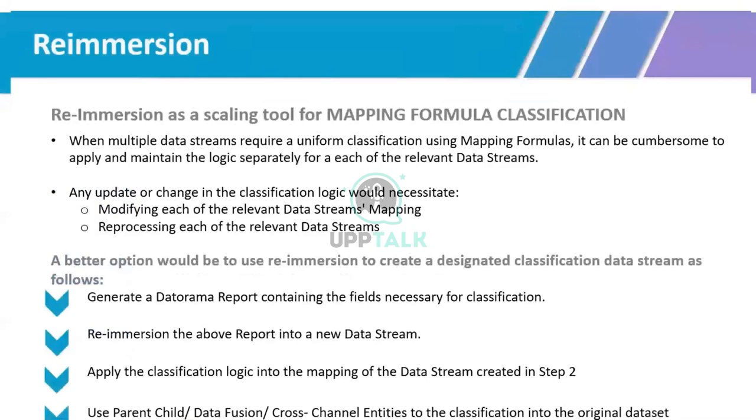Re-immersion as a scaling tool for mapping formula classifications. When multiple data streams require a uniform classification using mapping formulas, it can be really cumbersome. Every data stream has 5 or 6 clauses that you need to use: a distinct count, find the country, do an extract function, look it up, do a classification.